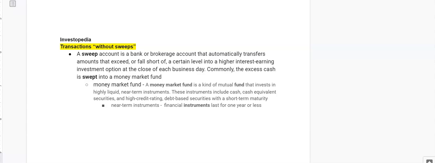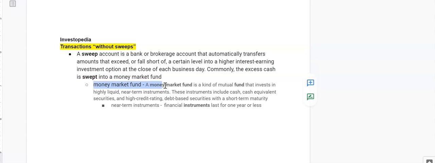So for instance, as we mentioned in the summary video, sometimes when you have cash or sweep funds, the sweep funds are cash that you have that gets automatically put into another account that can yield a higher dividend for your cash. And so as you see here, commonly the excess cash is swept into a money market fund. So this is something that is done secondarily to the primary trade.